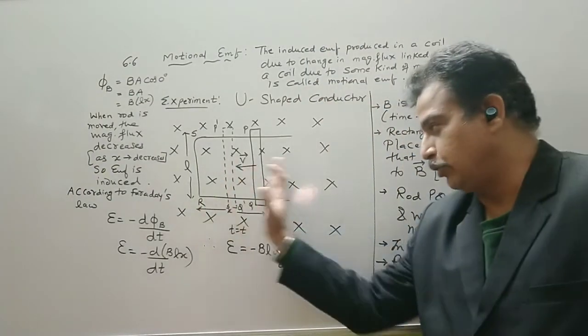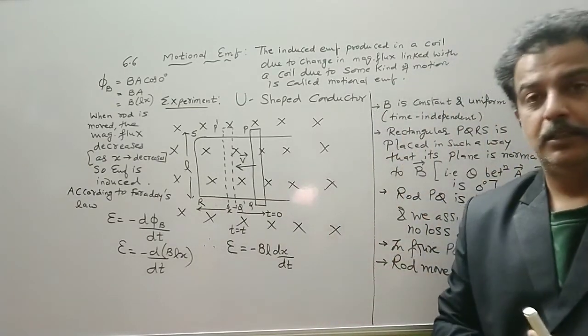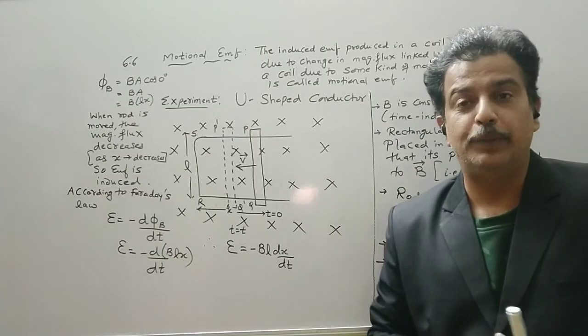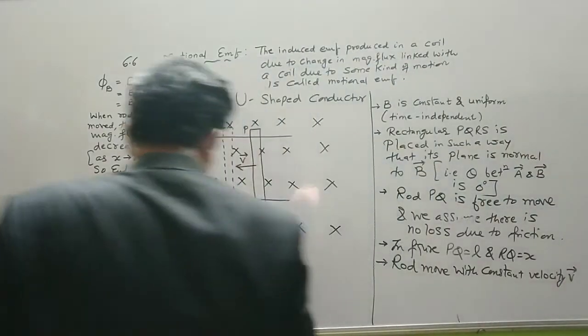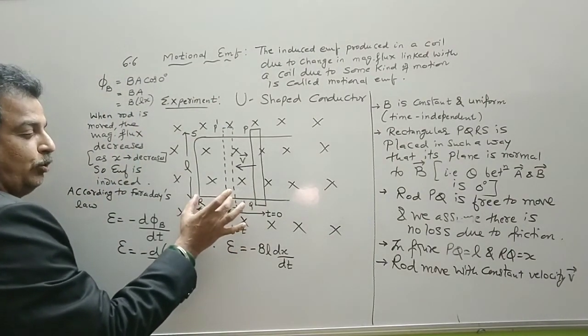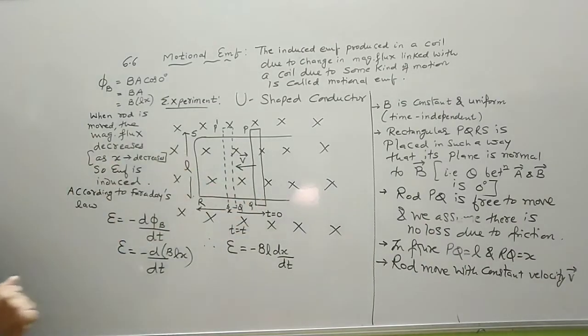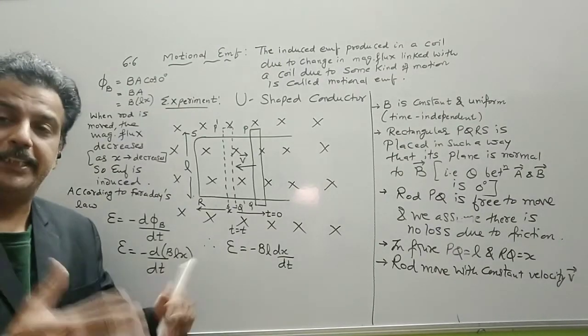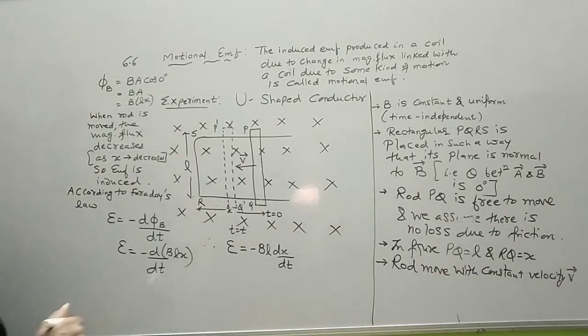So the position has changed. Now this dx by dt will come out to be negative. Why will it be negative? This is the initial position and this is the final position, so displacement is final minus initial. So dx by dt is not v but minus v, because the change in x with respect to time is negative.